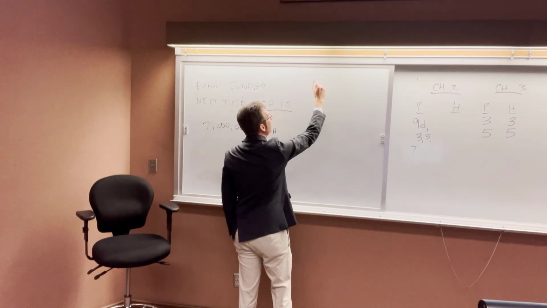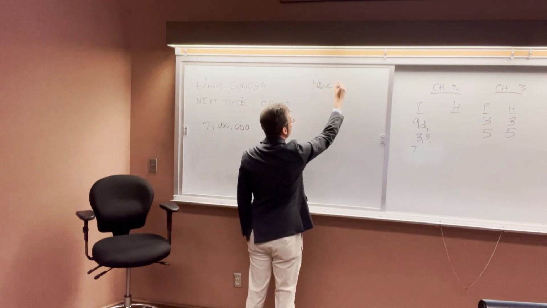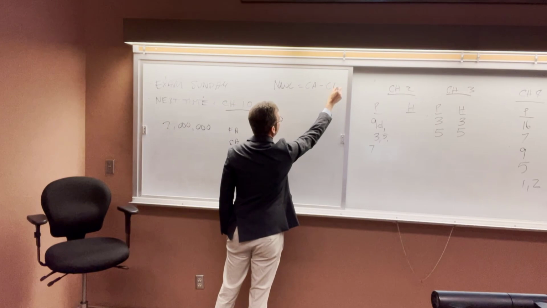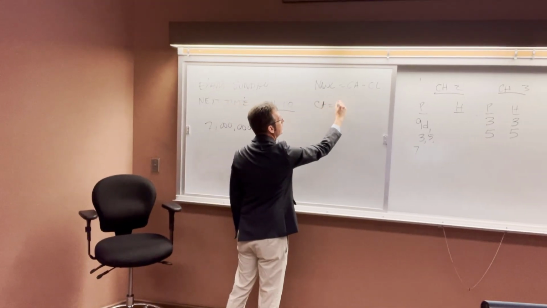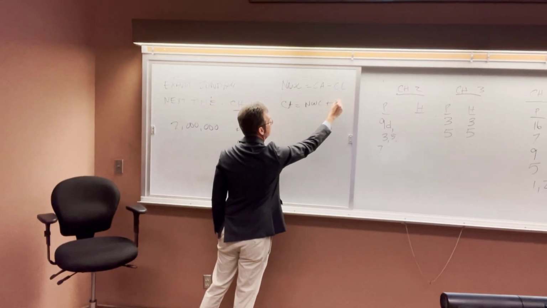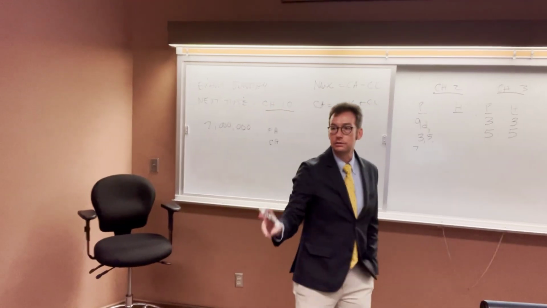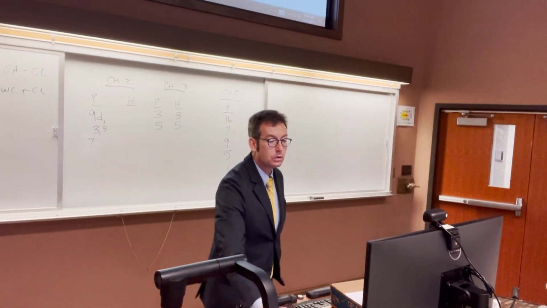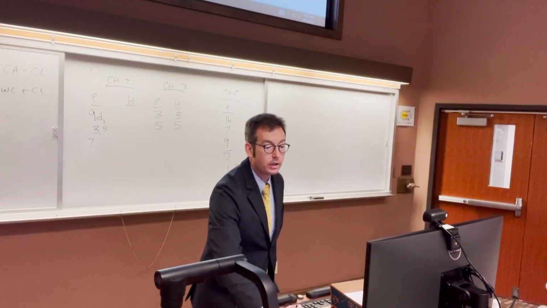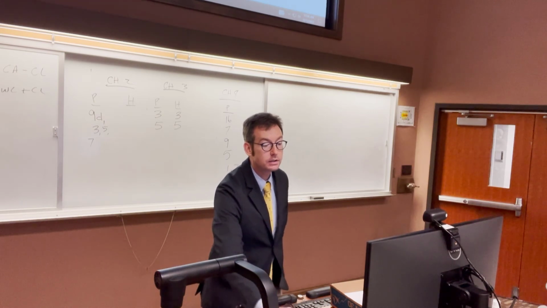Yeah, so we've got net working capital is equal to current assets minus current liabilities. So how can I get current assets? It's just NWC plus CL, right? Does that make sense? Okay, so net working capital on the balance sheet is $216,000. Current liabilities is $700,000.